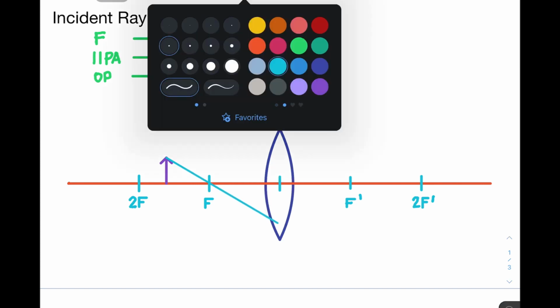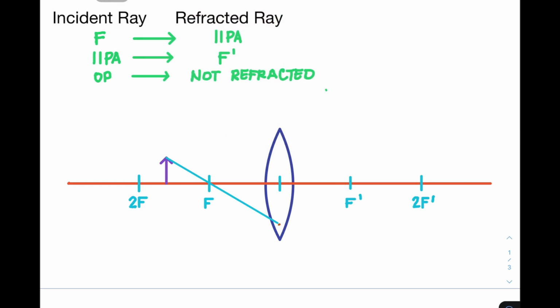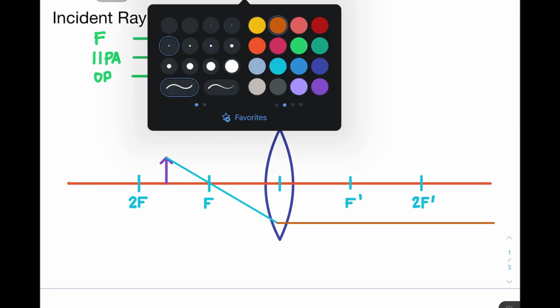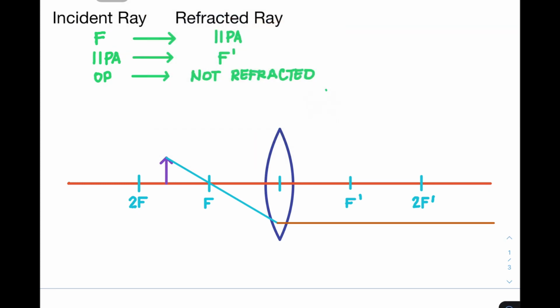It will be parallel with the principal axis, just like so. And what happens next if it is parallel with the principal axis? Just like that, it will be refracted towards the focus prime, as so.